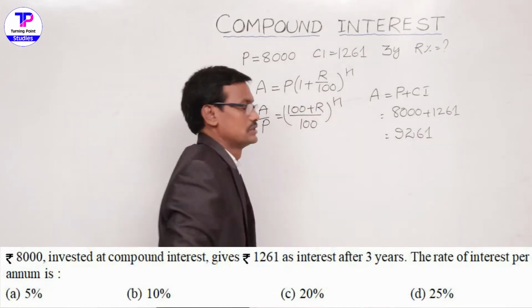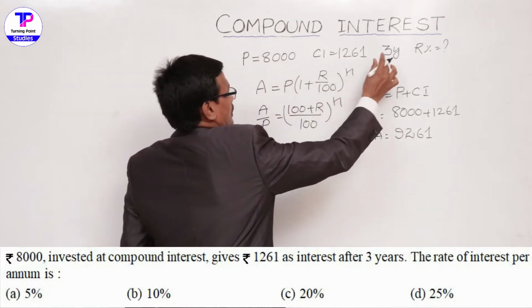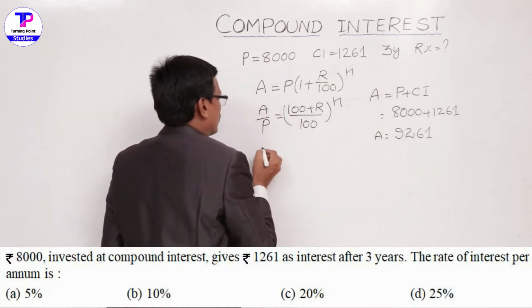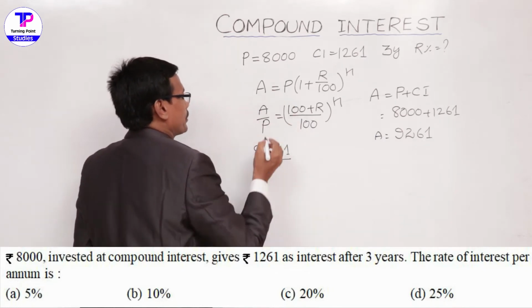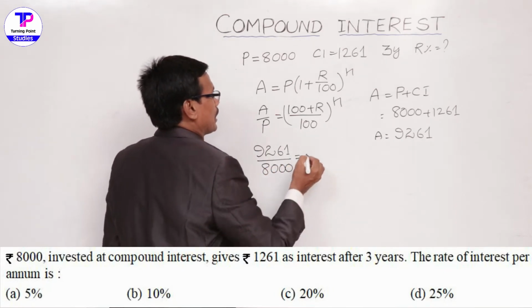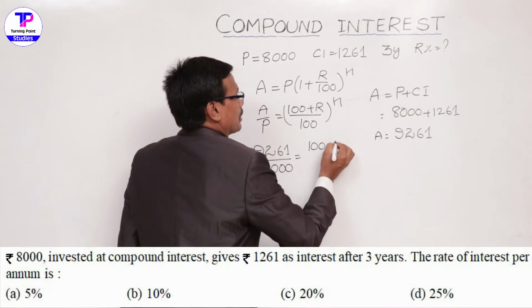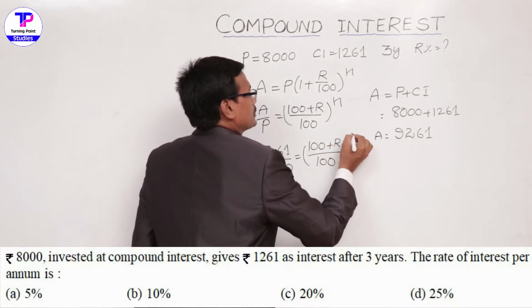Now substitute this A value and P value in this formula. So A by P is 9,261 by 8,000, which is equal to (100 plus R by 100) whole power N, N means 3.